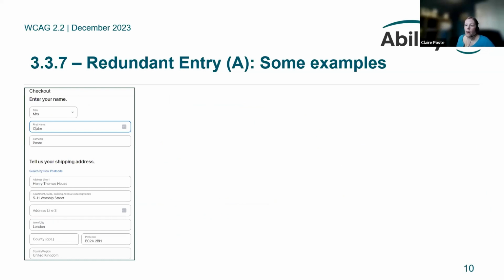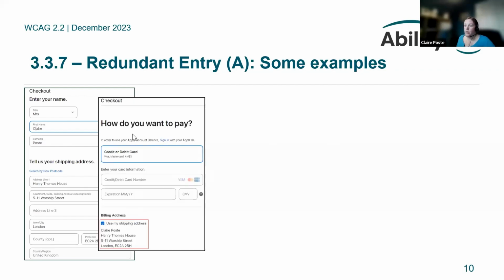So as we mentioned, we've already got the shipping address, and then as you can see, when I want to pay, it says I've got a billing address down here and it says use my shipping address, and it then auto populates what I've already put in the previous screen.